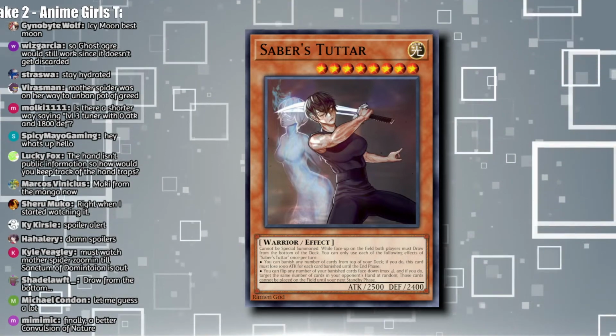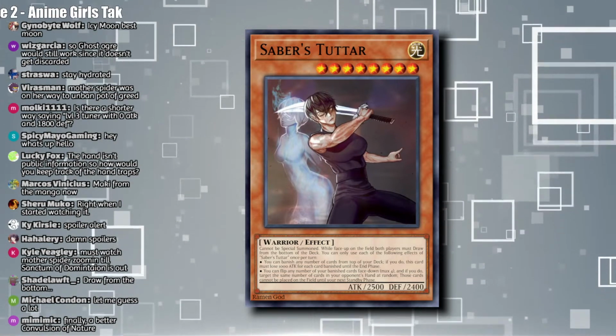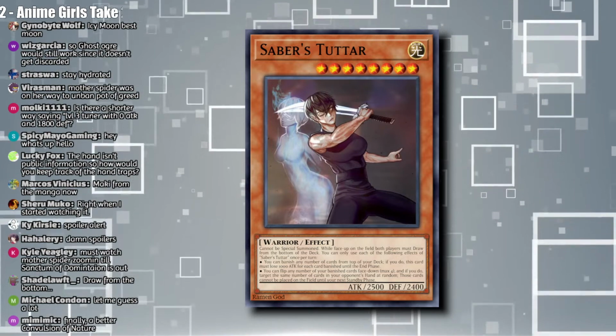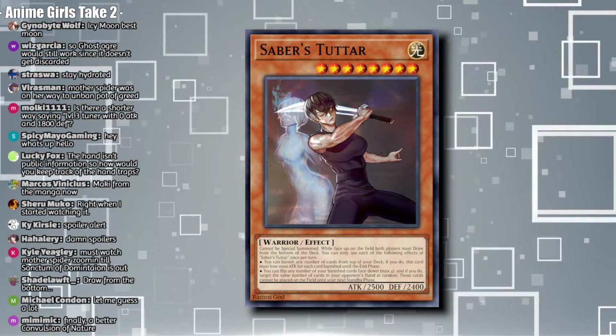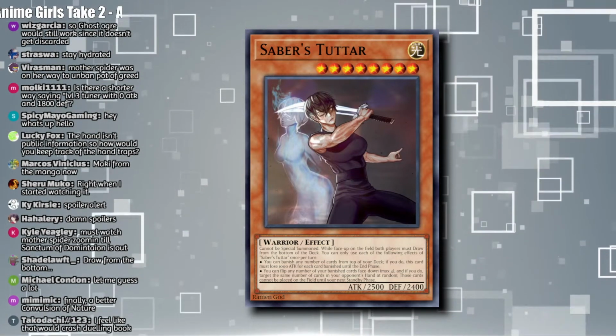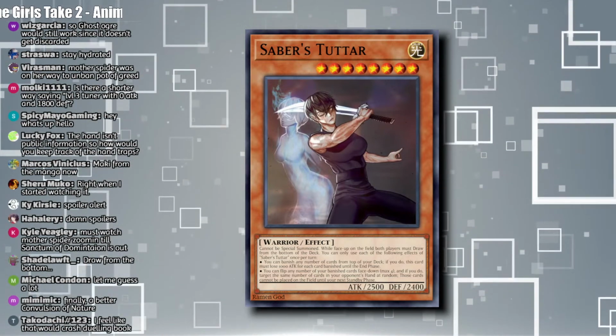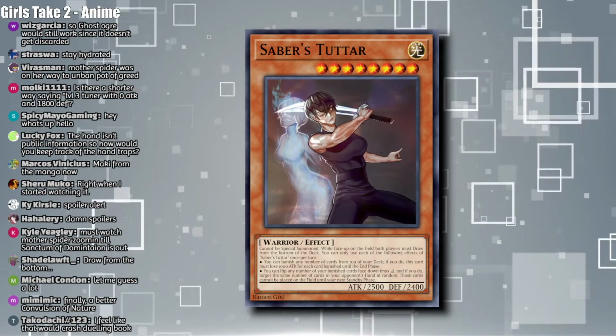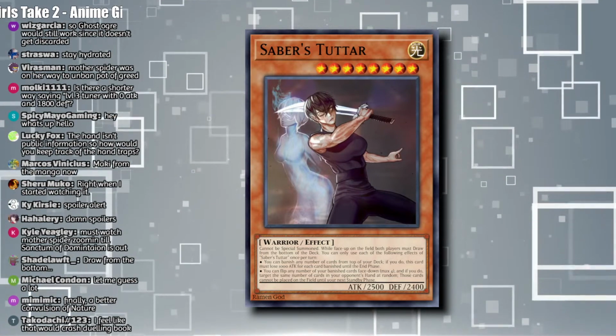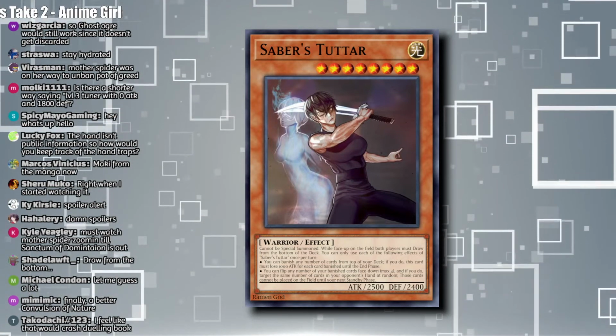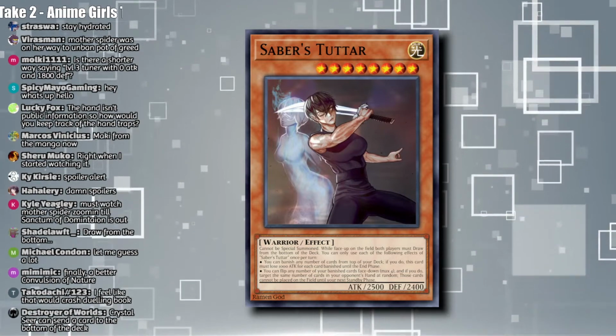Banish any number of cards on top of your deck, and if you do, this card must lose 1,000 attack for each card banished until the end phase. So it can banish 2 cards on the top of your deck, but why would you do that? You can flip any number of your banished cards face down, max 4, and if you do, target the number of cards in opponent's hands at random, and those cards cannot be placed on the field.